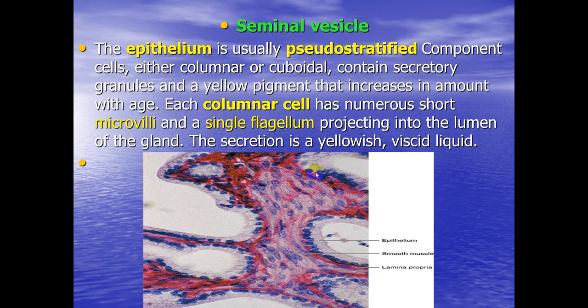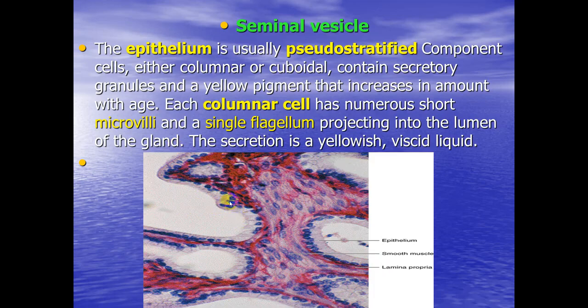Look here at the larger magnification of the pseudostratified epithelium of the seminal vesicle. You can see the epithelium, its primary fold, secondary fold, and epithelium. We can see that columnar cells cover it.